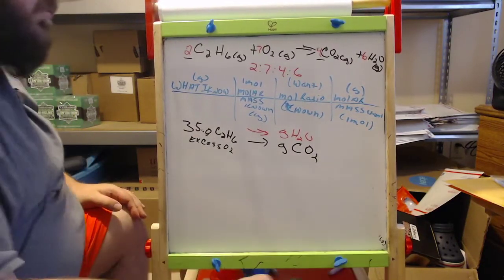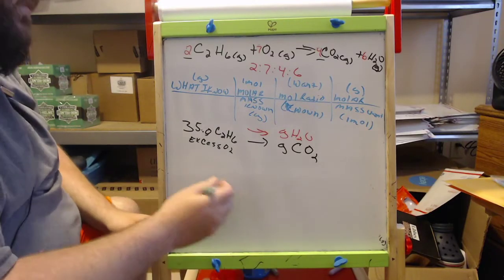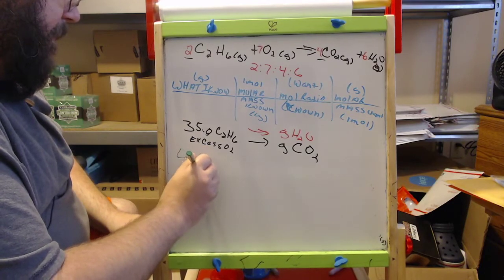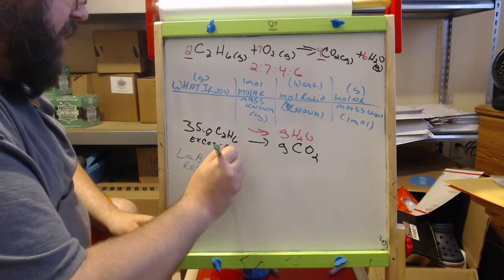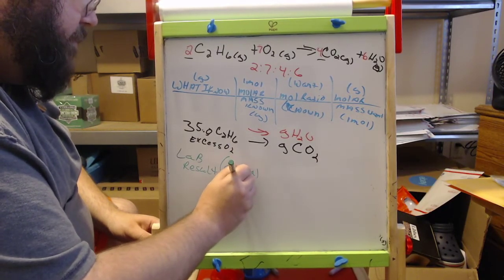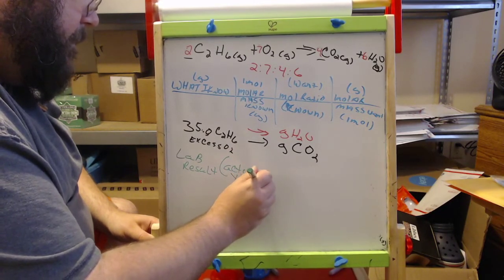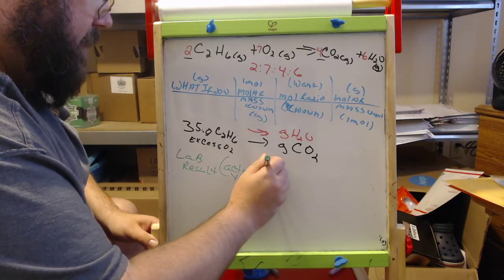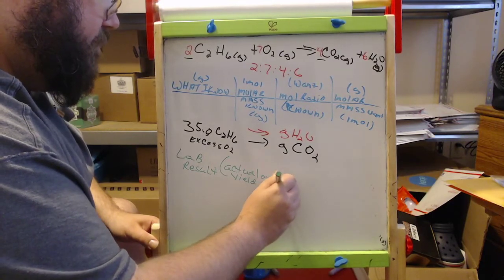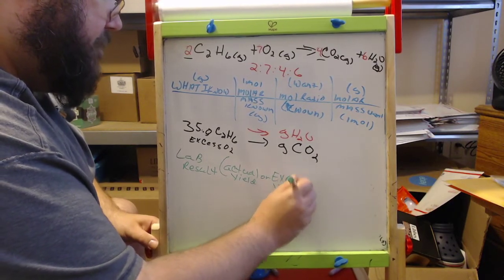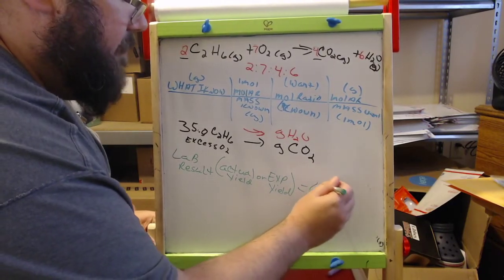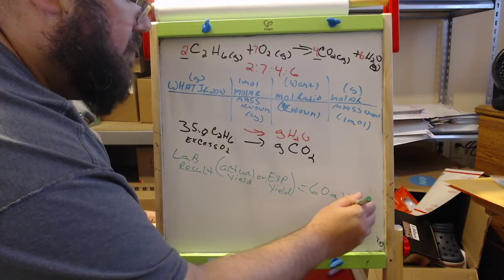And let's say when we did this in lab, so our lab result, also known as our actual yield, or also known as, you may see it written as actual or experimental yield. Let's say we did this in lab, and when we did, we got 60 grams of H2O.